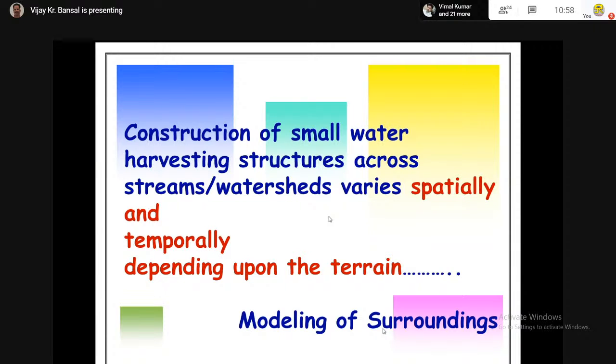I repeat, the 3D modeling capability of BIM or Revit is well matured, and that model which we develop for visualization is also used for quantity takeoff and cost estimation.